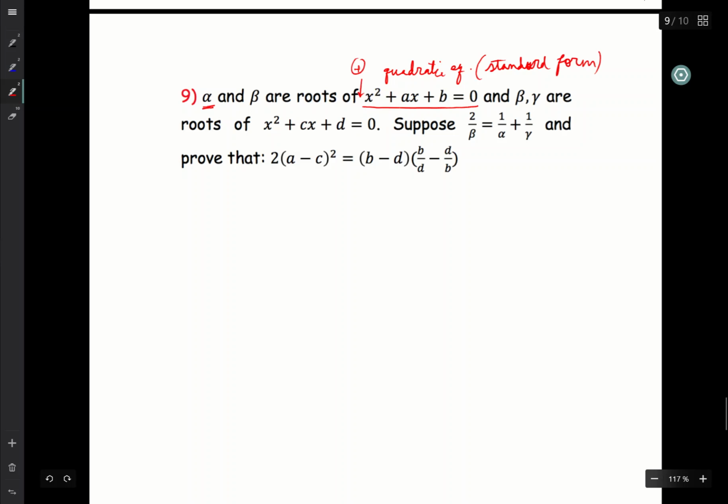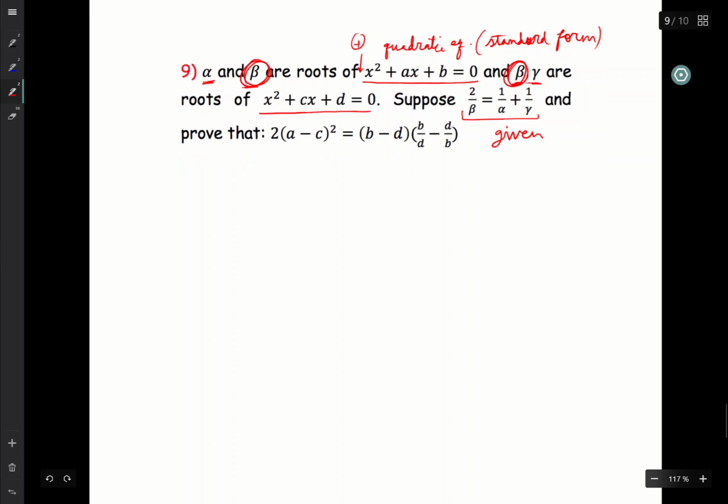Beta and gamma are the roots of x squared plus cx plus d, so these two equations have one root in common, which is beta. Suppose 2 over beta is 1 over alpha plus 1 over gamma, and this is also given. Prove that (2a minus c) squared is (b minus d) times (b over d minus d over b).